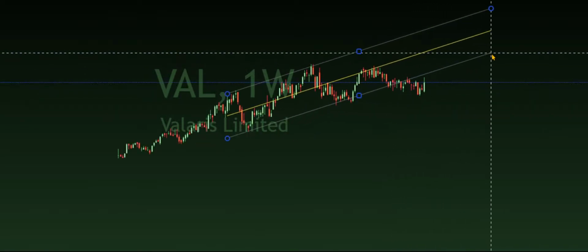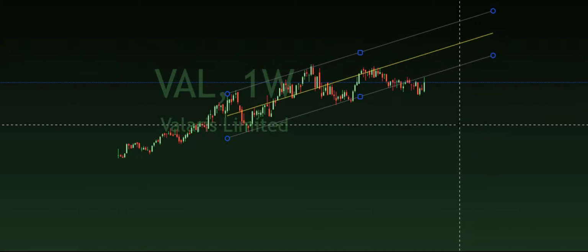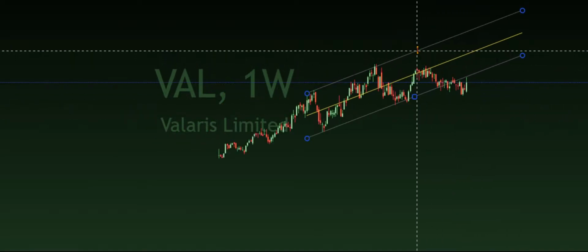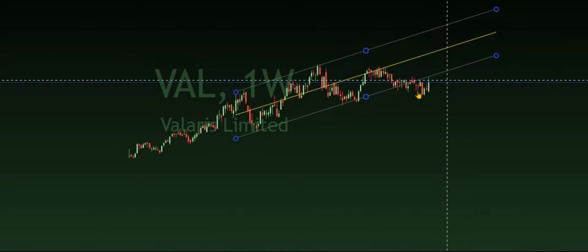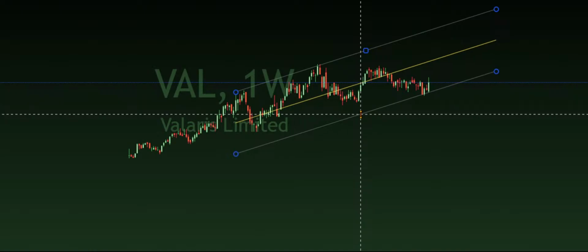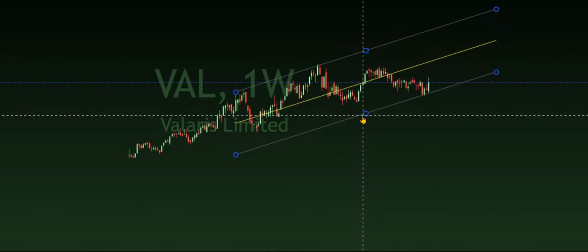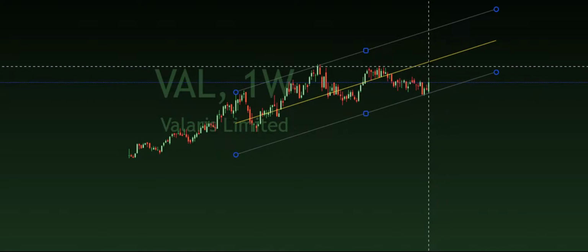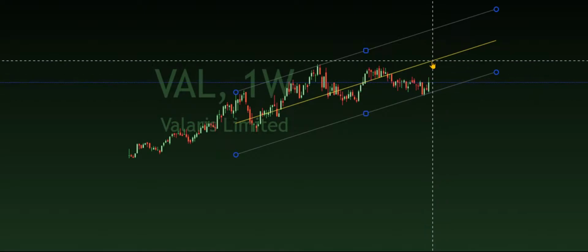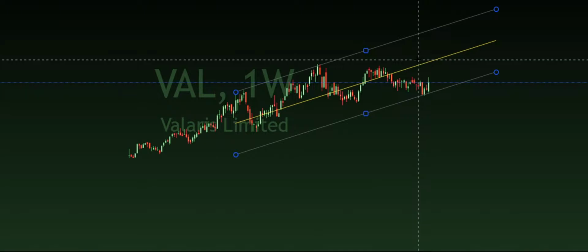And so this would be an example for me of something breaking back into and then thus expanding this channel. Good coherence right there. And that would allow me to pick probably a more suitable price target on this chart.